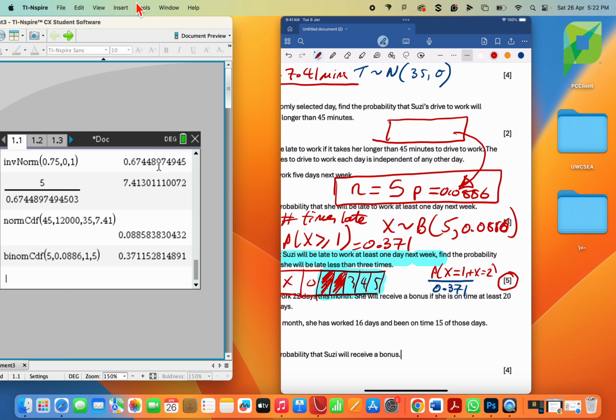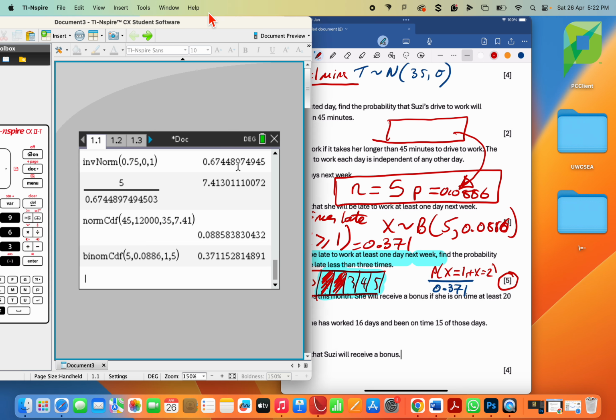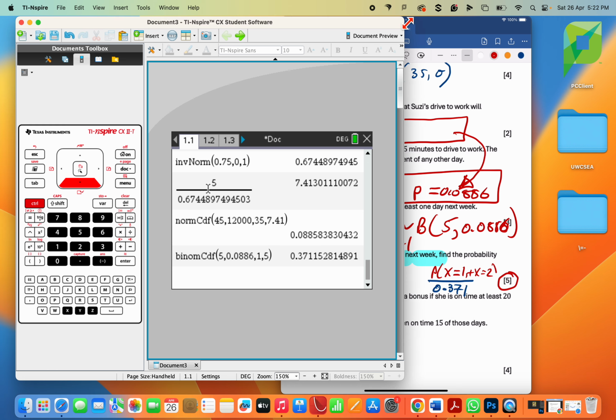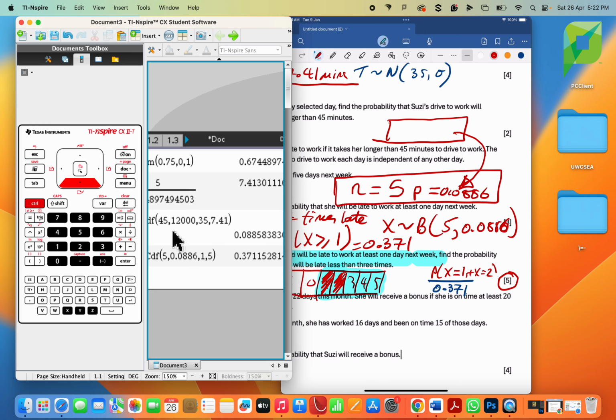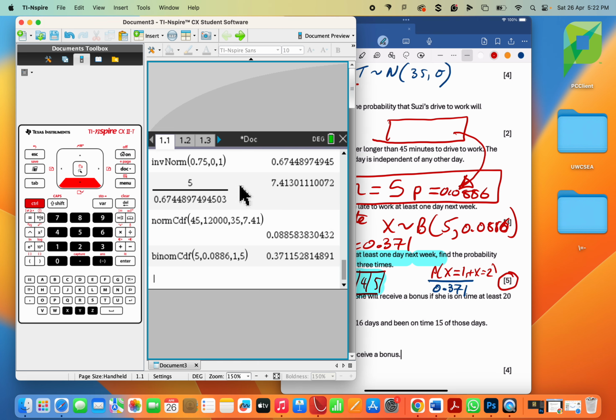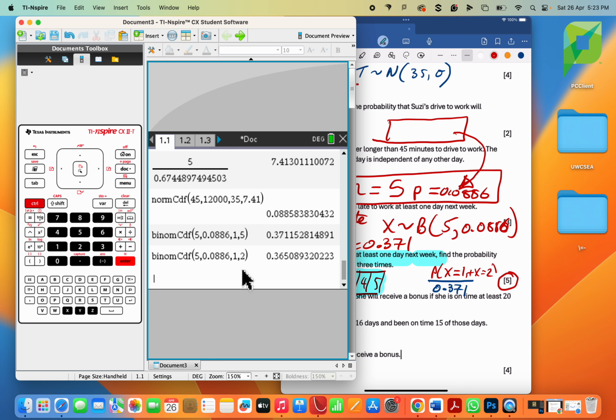So let's go ahead on our calculator. We'll get that numerator first. We can go up, because we've used this already, binomial CDF 5, 0.0886, but in here I'm going to edit it to do 1 and 2.